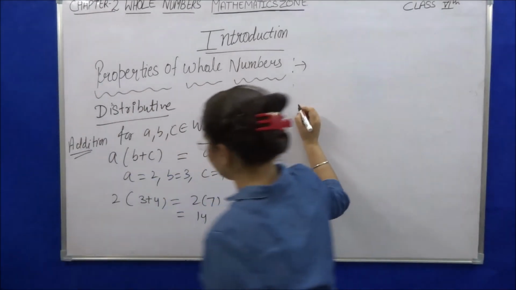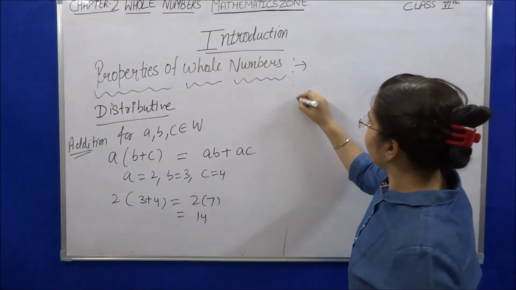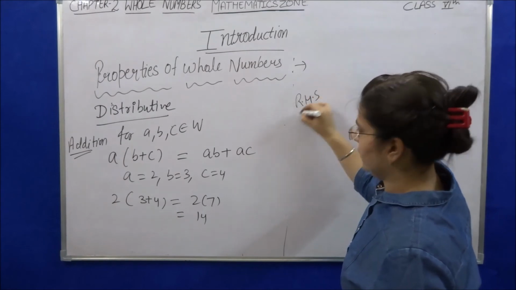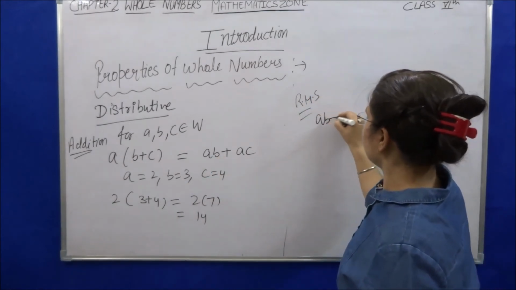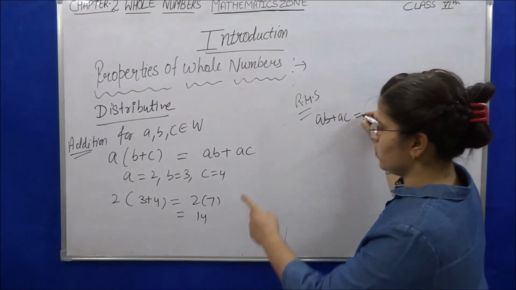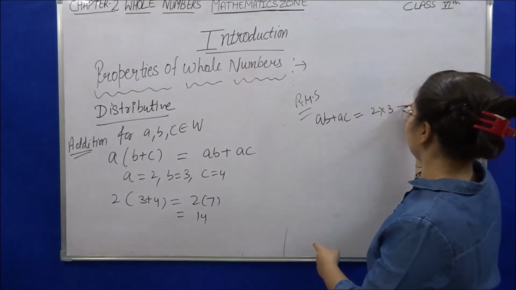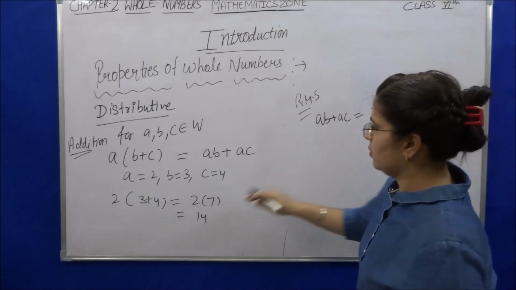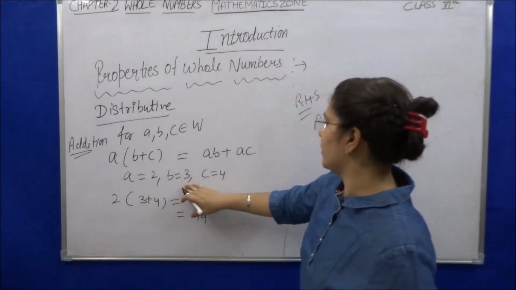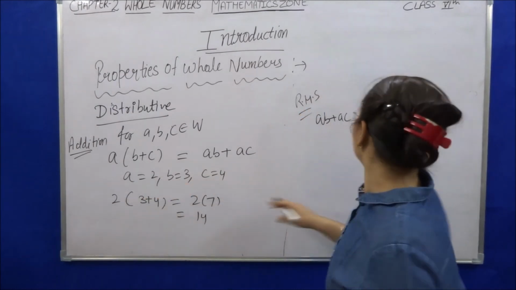Now taking the right hand side, AB plus AC is equal to 2 multiplied by 3 plus 2 multiplied by 4. AB is 2 multiplied by 3 and AC is 2 multiplied by 4.